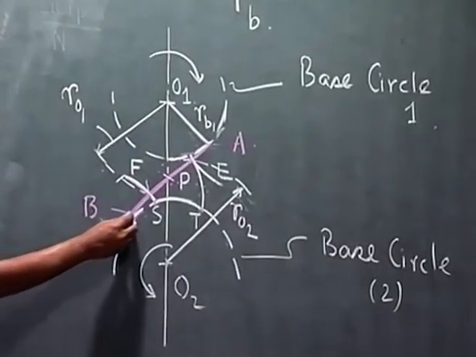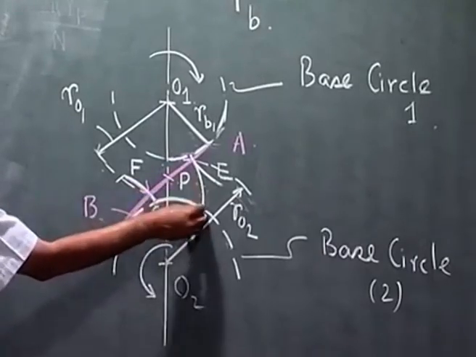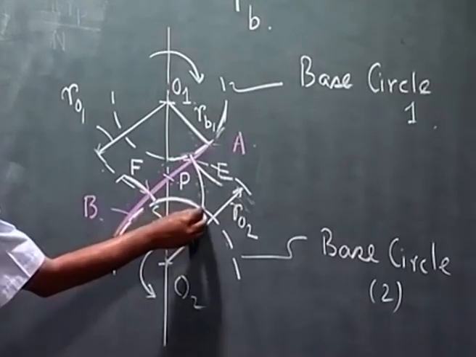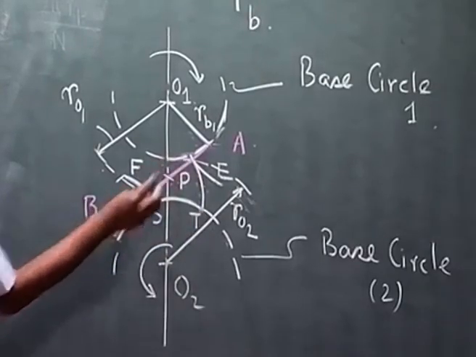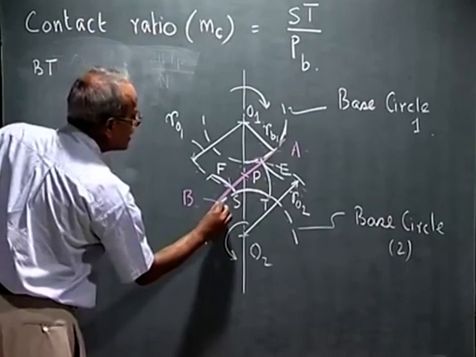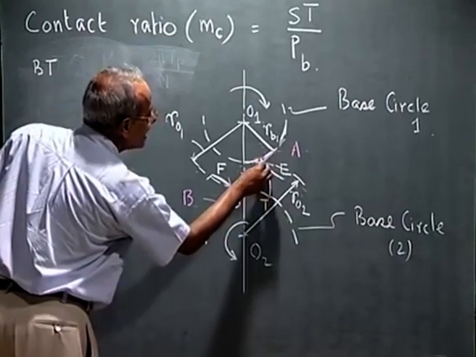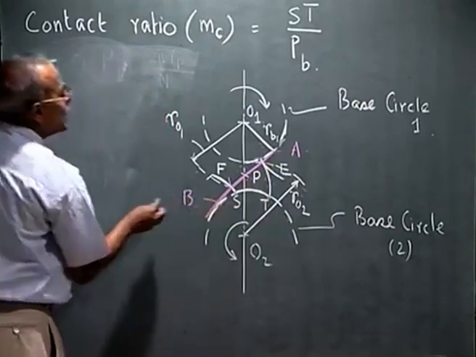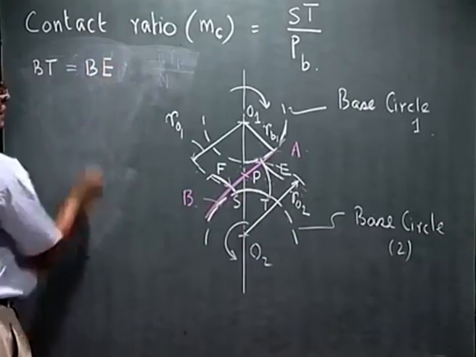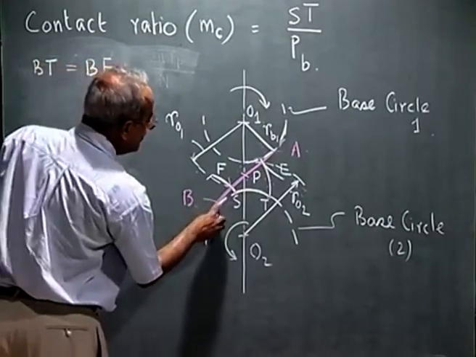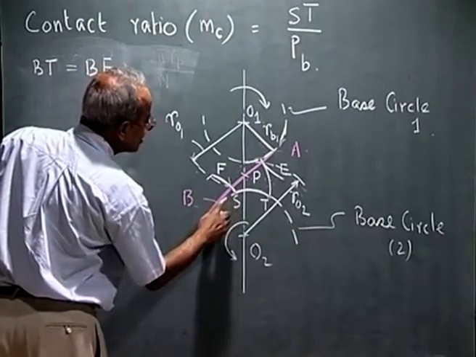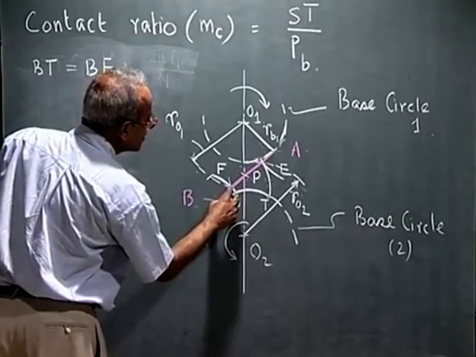Now, because this is the involute, and this is the tangent to the base circle, BT is nothing but BE. BT, that is the distance along the base circle, is the same as the length of the string. BT is the same as BE. In the same way, BS is the same as BF. This is the distance along the base circle and this is the length of the string.